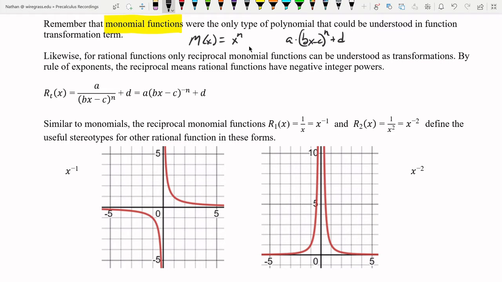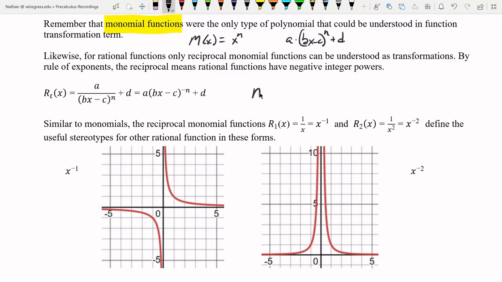And that's the only way we could really understand function transformations in polynomials, because in the other form, a transformation does not apply. It's very similar for rational functions. In fact, rational functions are like monomial functions when you're looking at function transformations, because here we're not looking at m to the power of n where n is 0, 1, 2, 3, 4, 5.